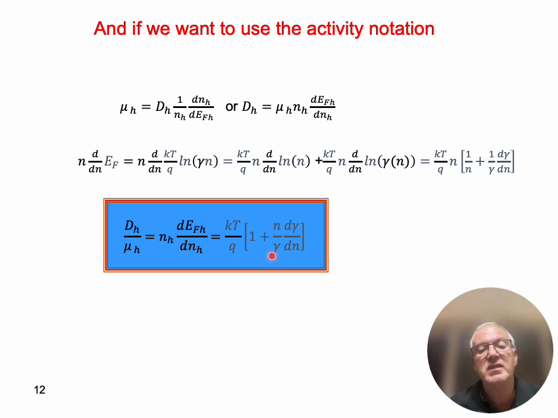And really here you can see that when you compare this expression to what I've said about the generalized Einstein relation in the previous slide, the activity coefficient and the shape of the density of states are tightly related. And it's convenient to have this type of expression too, because some of the systems are not described through a density of states. Many are really described using the activity coefficient. And this is why this expression is also useful.